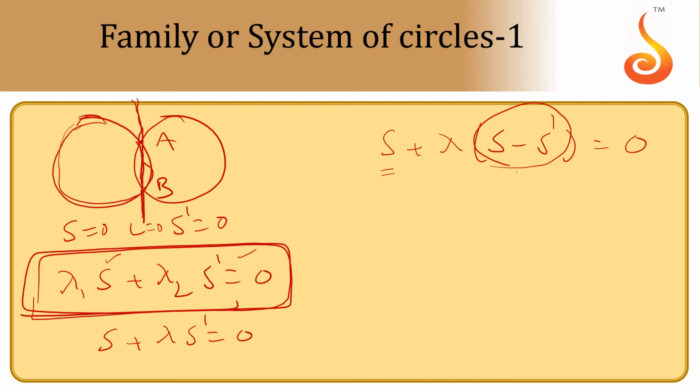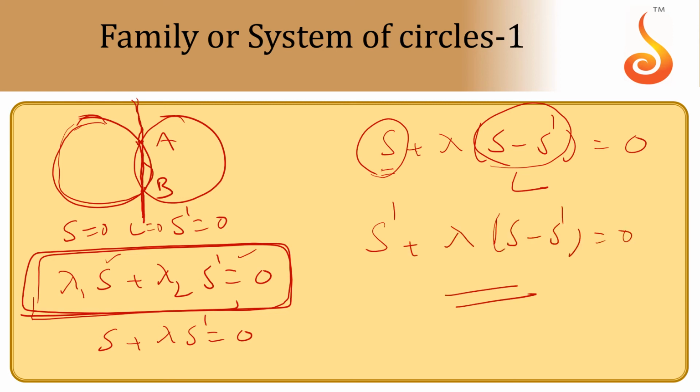So this S minus S dash is L. It's just S plus lambda L equal to 0. Can we use it in place of S dash? Yes, you can. So lambda into (S minus S dash) is equal to 0. So you can generate a family or system of circles when they are intersecting. You can develop that family or system in these many ways.